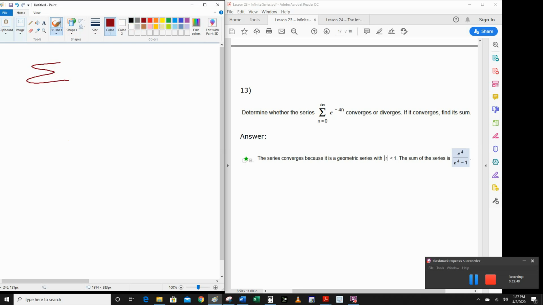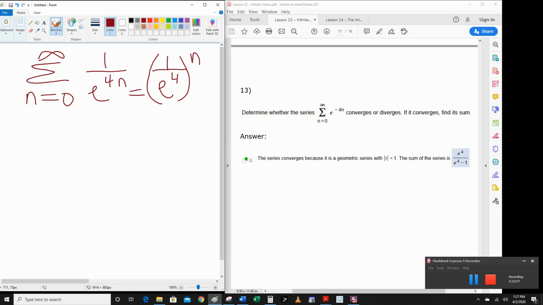Let's rewrite this series as 1 over e to the 4nth power. And we can actually rewrite that as 1 over e to the 4th, all raised to the nth power. We have a geometric series.